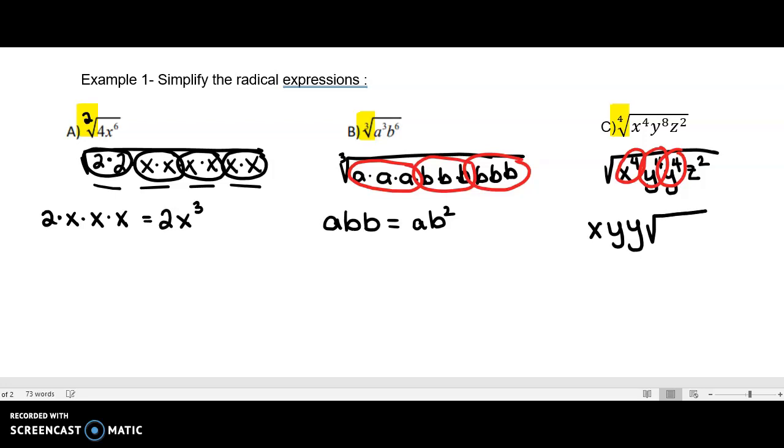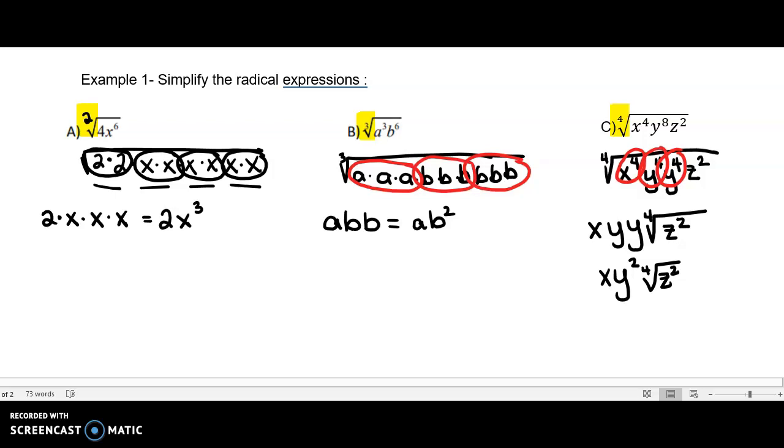What did not make a group of 4 and has to stay in the radical? z squared. So this becomes x times y squared times the fourth root of z squared. I am notorious for forgetting to put my index. Remember to put your index on there so we know that it's a fourth root. All right, let's move to D.